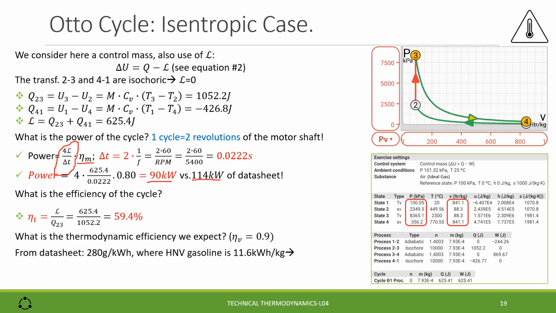From the datasheet, we have 280 grams of gasoline needed to produce 1 kilowatt-hour of mechanical power.